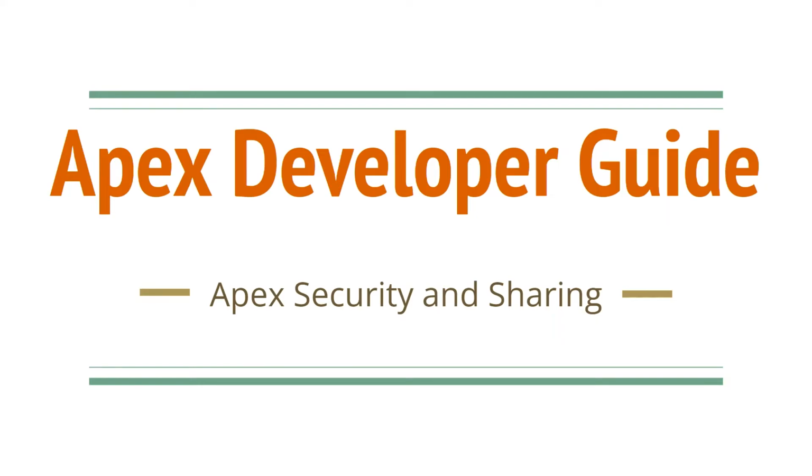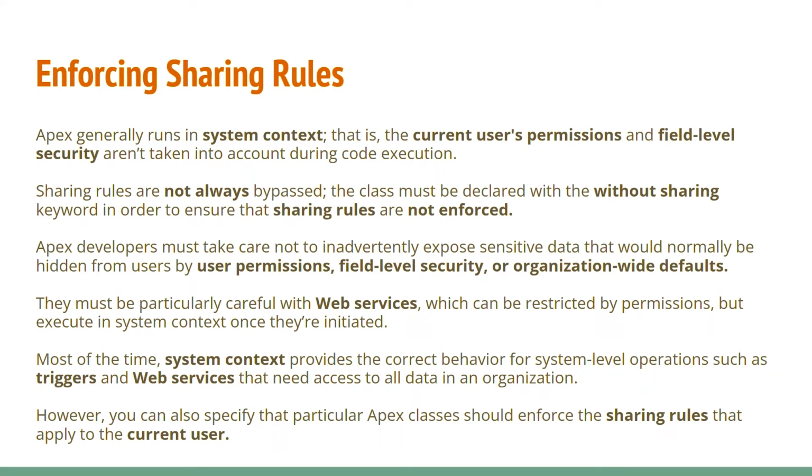So let's start. First, enforcing sharing rules. As we know, Apex generally runs in system mode, and system mode does not respect the current user's permissions and field level security, as we are running it in the system context.